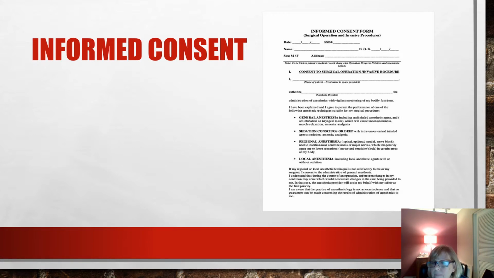With a consent like this, when you're getting that signature on it, there can be no abbreviations for the procedure that they're having. It has to be totally written out because that's one of the legal parts that we have to do. You'll notice that this also includes that they have been explained general anesthesia or sedation, regional anesthesia or local anesthesia. And again, this is just a little bit of an idea of what an informed consent form looks like.